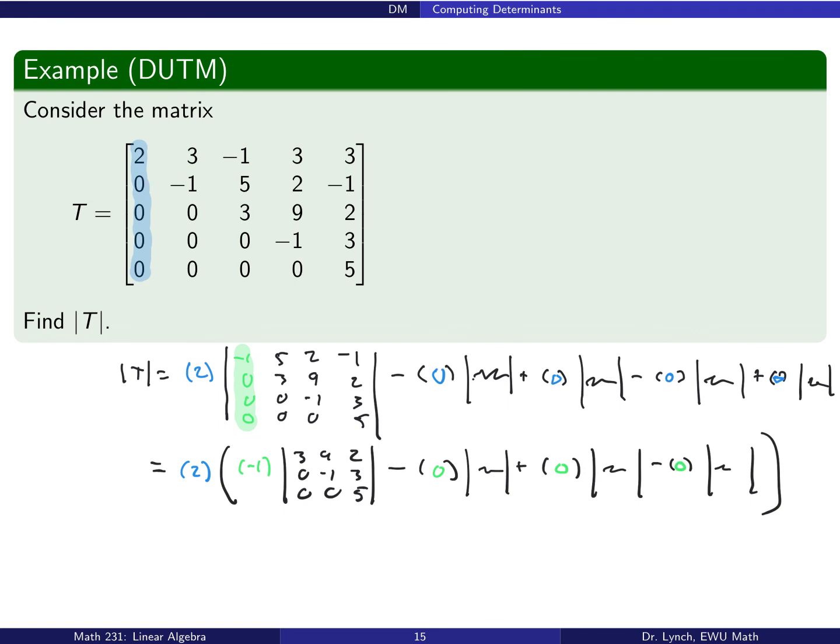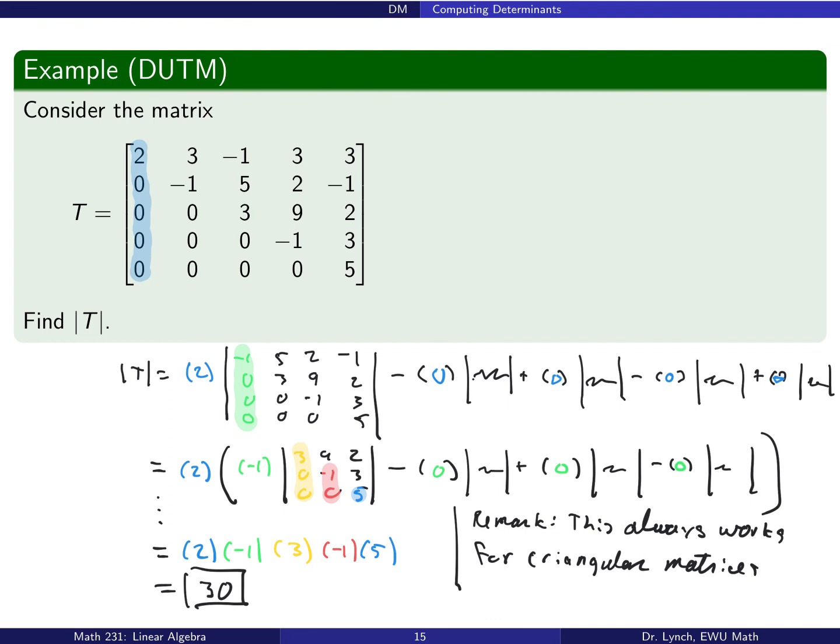We can play the same game again, expanding down the new first column of this 3x3 matrix, and then expanding again down the column of the remaining 2x2 matrix. It turns out that what you get is exactly the product of those diagonal elements.